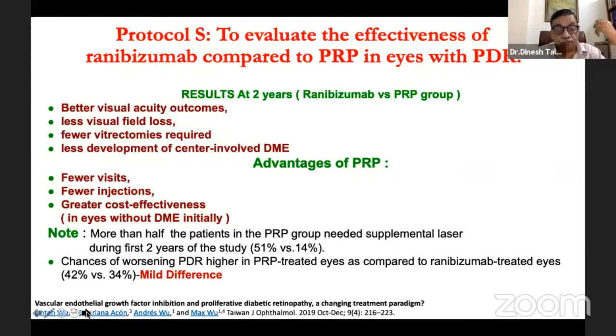Fewer visits, fewer injections, greater cost effectiveness, especially in eyes without DME. But more than half the patients in the PRP group needed supplemental laser during the first 2 years. The other important thing was the mild difference in the chance of worsening, which was slightly more in the PRP-treated eyes as compared to ranibizumab.